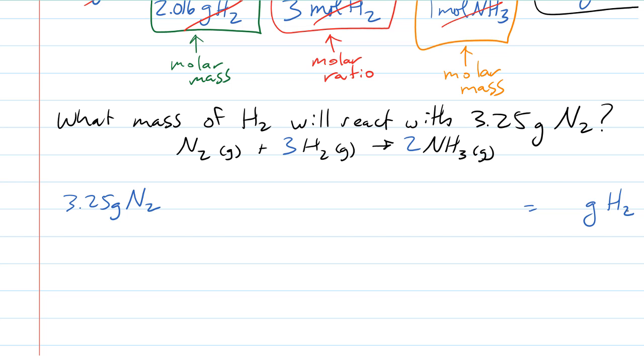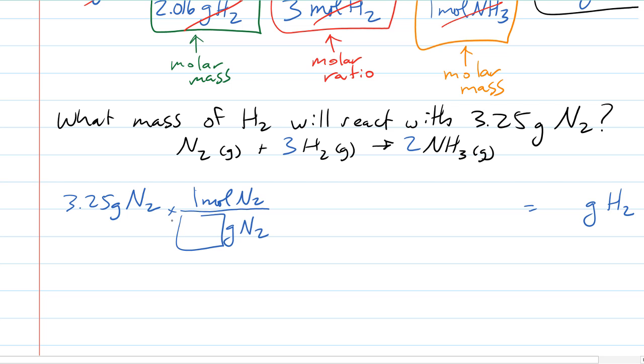First step is going to be take the grams of N2 and convert it to moles. So to convert it over to moles, on the bottom we'd put in grams of N2, on the top we'd put in 1 mole of N2.